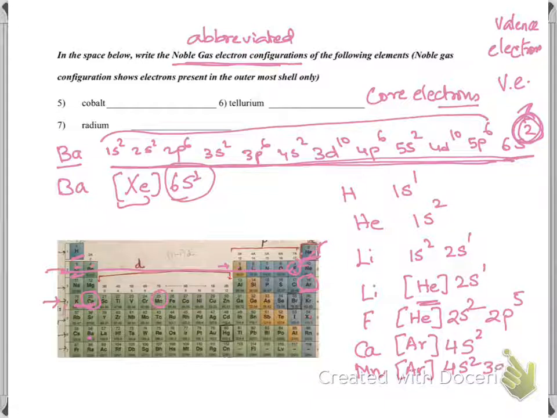So it will be 3d, 1, 2, 3, 4, 5, 3d5. So when we enter the D block, we put one less row number. Similarly, when you enter the F block, you put two less row numbers. And I will take one example in the next slide.